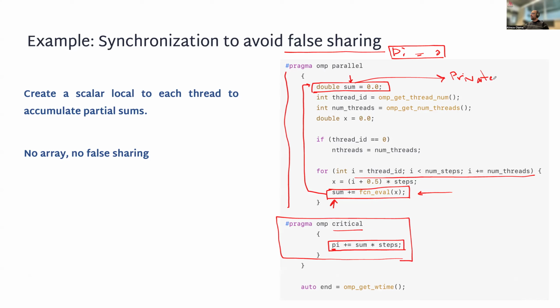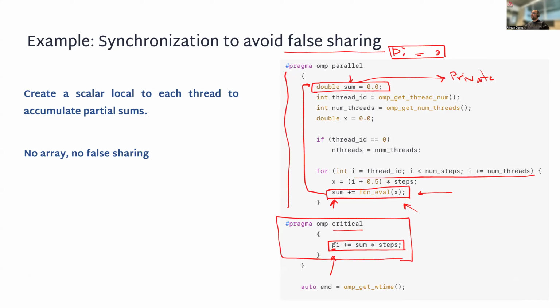So it means no other threads have access to this sum variable. In this case, you don't get this race condition because it's a private variable, similar to what we had in the first example in dot product. But here you have to use this critical for protecting pi because it is a global variable.